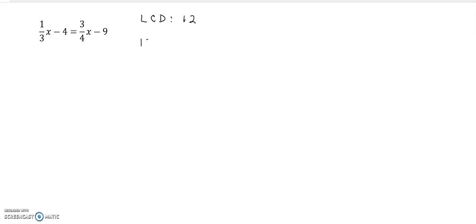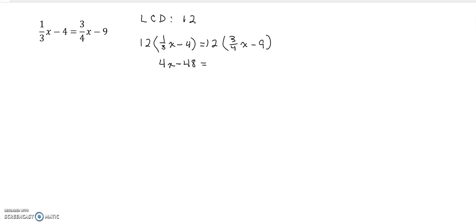So if I multiply both sides of this equation by 12, then I still have a true equation. And 12 times 1/3 would be 4x, minus 12 times 4 is 48.